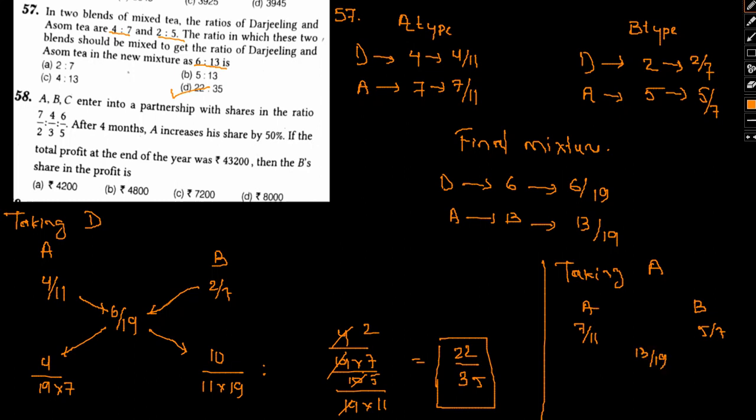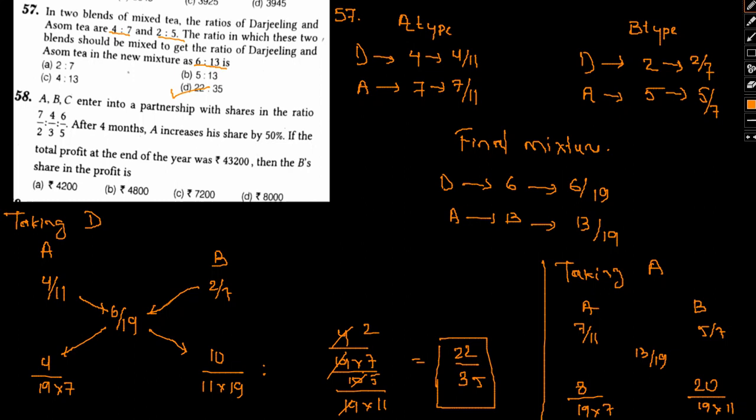In this case it will be simply 19 into 7, so it will be 13 by 19 minus 5 by 7, which gives 8. And in the other case we have again 19 into 11, so here it will be 13 minus 7 by 11, which gives 20.